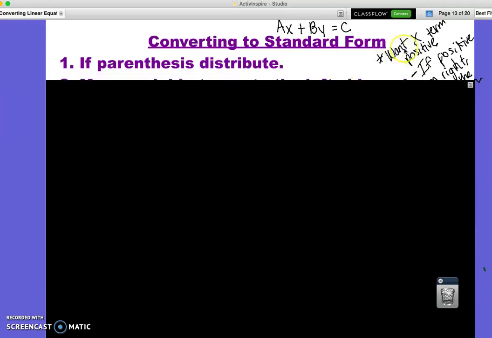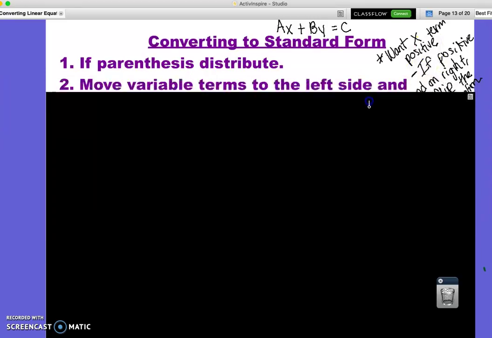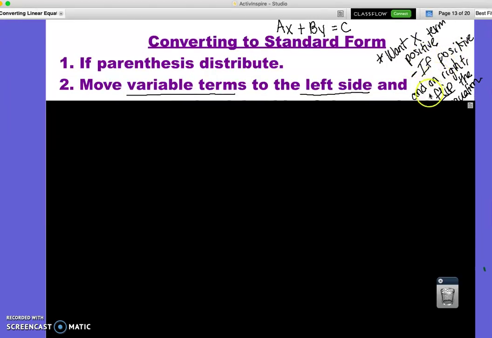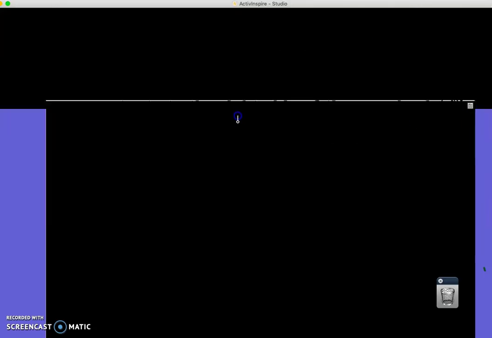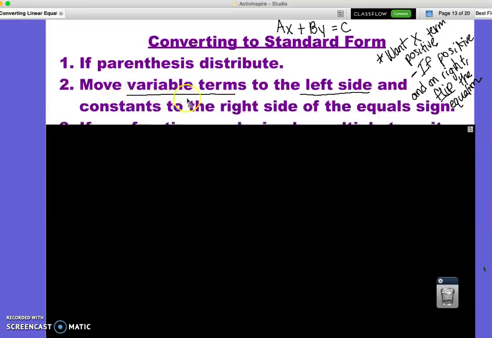Second, because you want the x term to be positive, if it's positive and on the right side, all you're going to do is flip the equation. Second step is to move the variable terms to the left side and any constants to the right side of the equal sign. Remember, constants are just any numbers. The variable terms are anything with your x, anything connected to your x, and your y. So all those get over here.